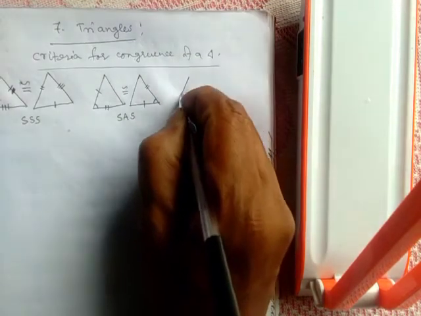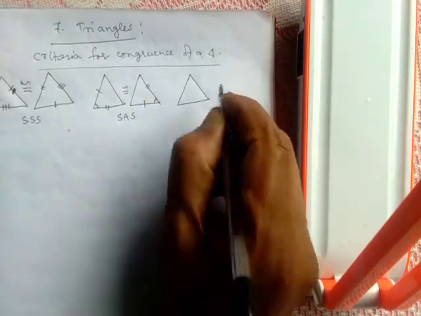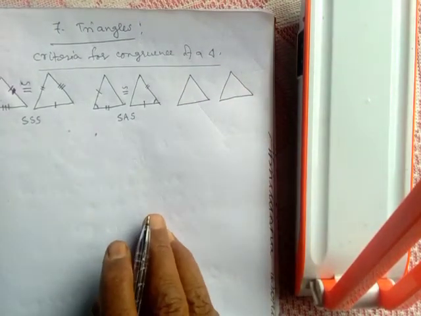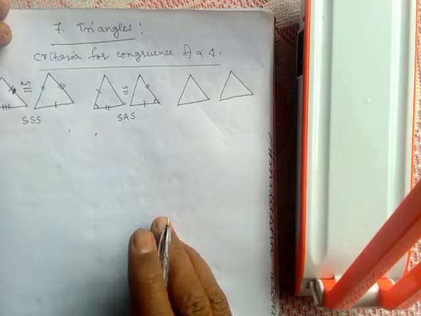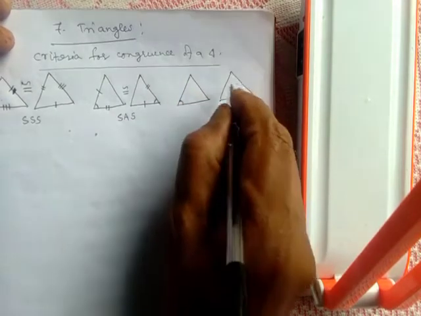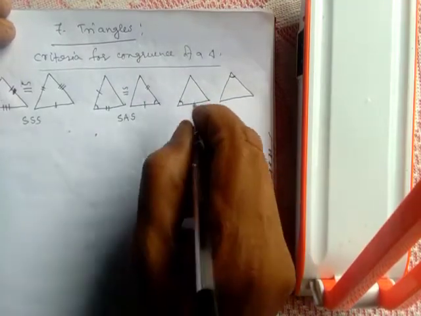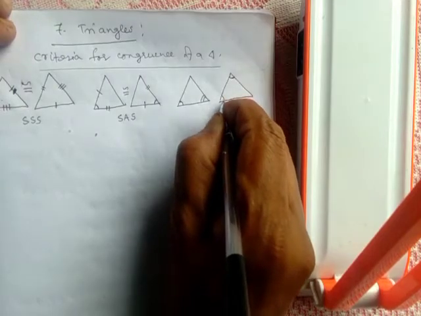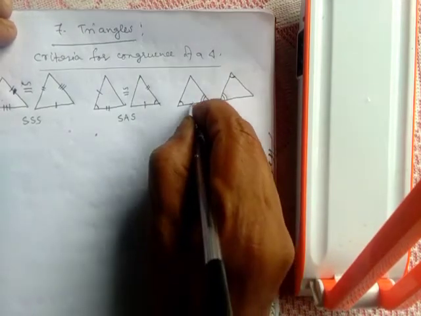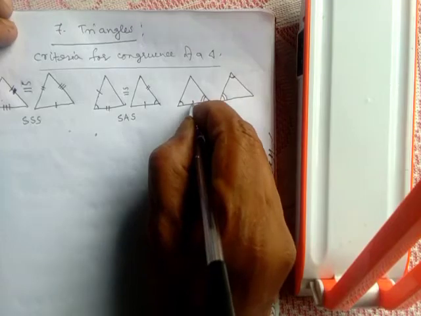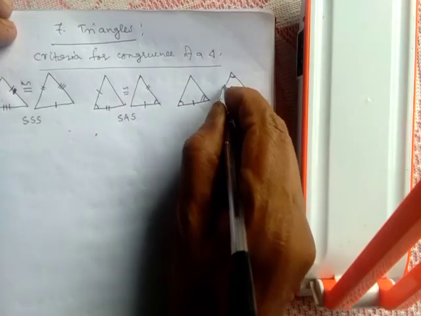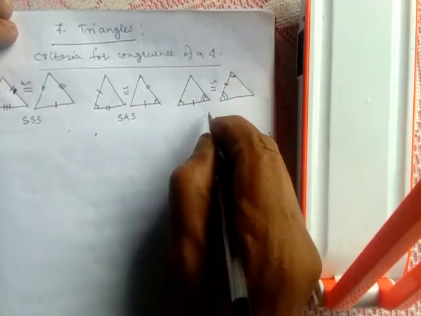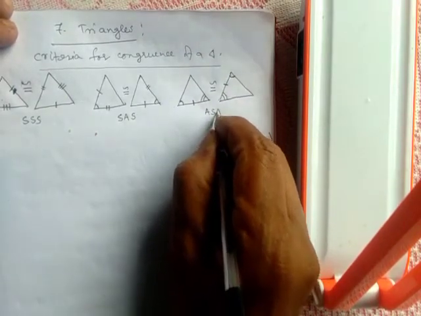One more pair of triangles I want to put. These two triangles. Now this angle is equal to this angle. This angle and this angle are equal, and the included side of these two angles, this side and this side, are equal, then these two triangles are congruent by the angle side angle postulate.